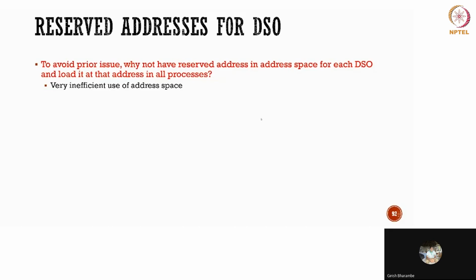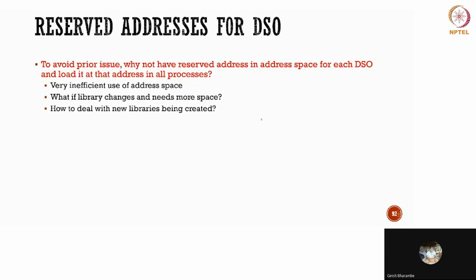Then some other shared library is always loaded at address 2000, and so on. Obviously, you can see it's not going to work because it's a very inefficient use of address space. As the number of shared libraries increases, and as each shared library adds new functionality and its size grows, it would get into problems.